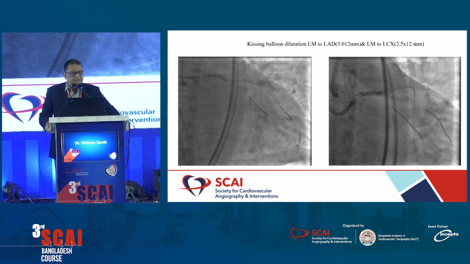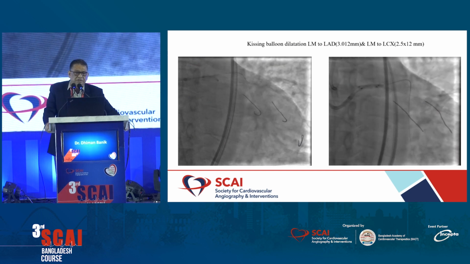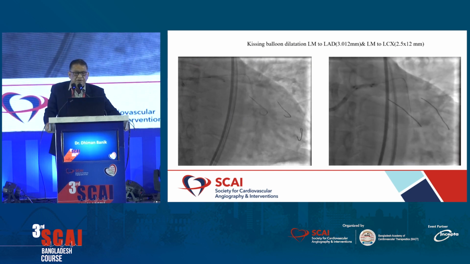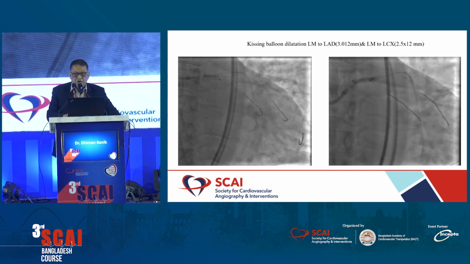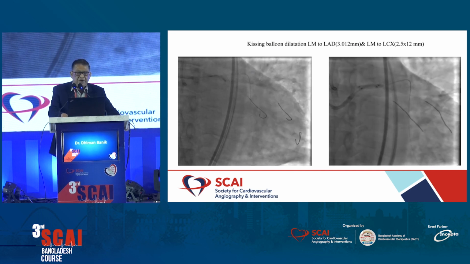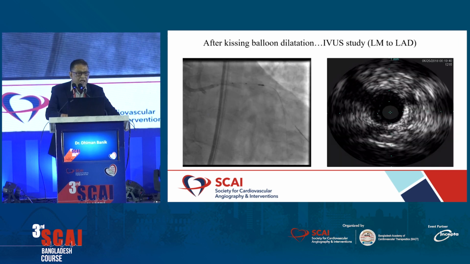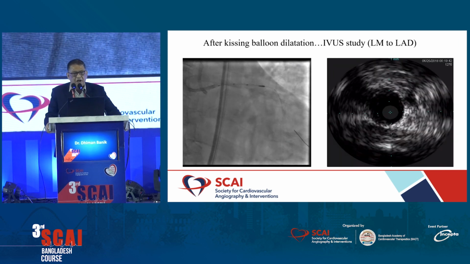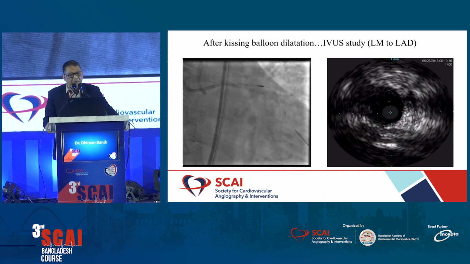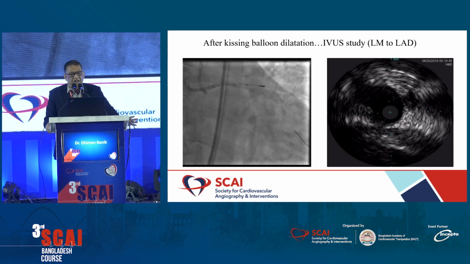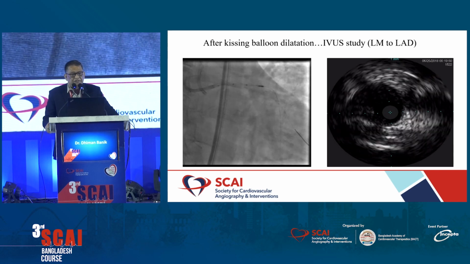And we did kissing with balloons, left main to LAD with a 3 x 12 millimeter balloon, and left main to LCX with a 2.5 x 12 millimeter balloon. We did IVUS after the kissing, and this time the vessel was wide open. The ostial LCX was good in this view.